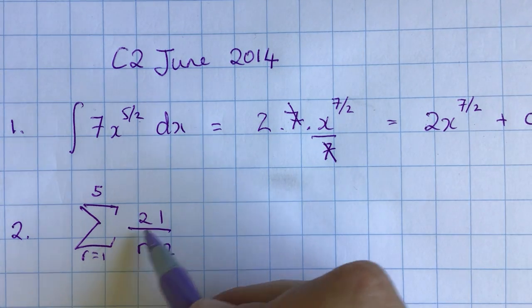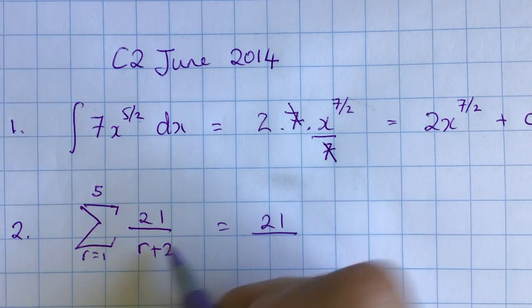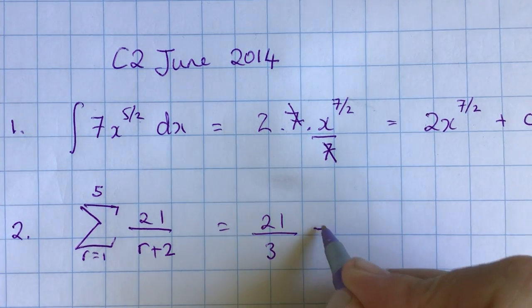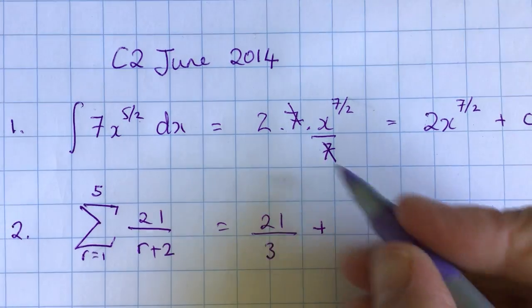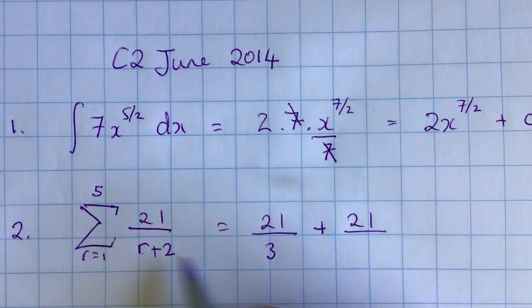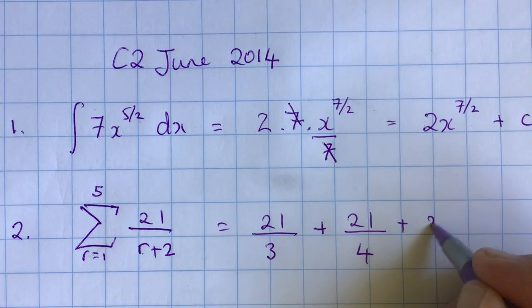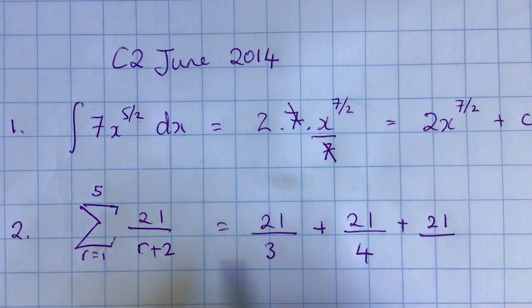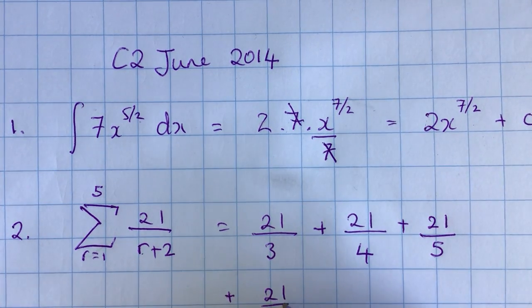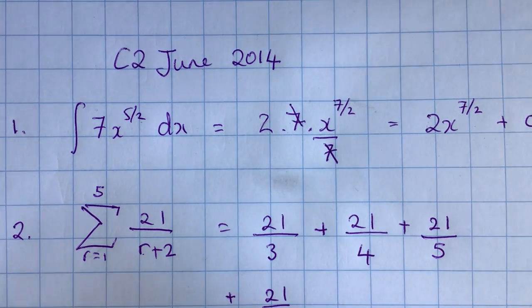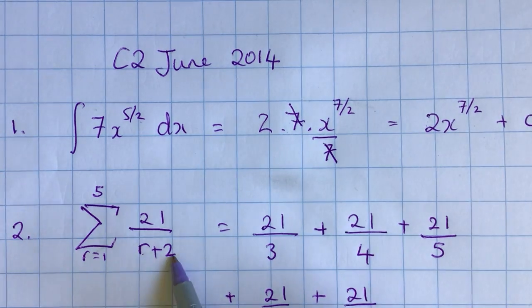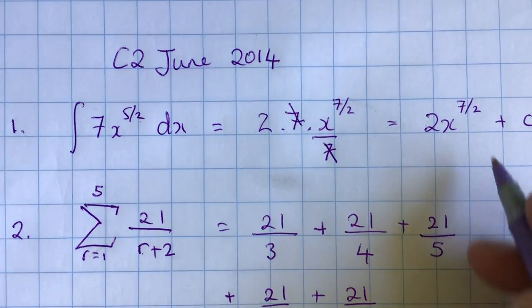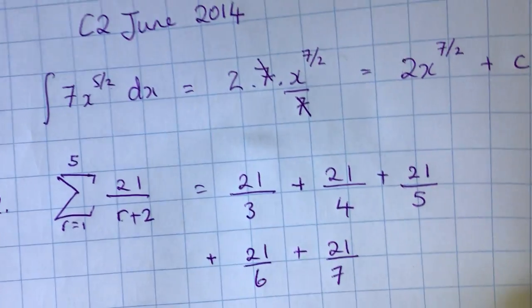So when we put 1 into there, we get 21 over 1 plus 2, which is 3, plus put 2 into there, 21 over 2 plus 2 is 4, put 3 in there, 21 over 3 plus 2 is 5, 21 over, putting 4 in, I've got 6 on the bottom, and then I put 5 plus 2 is 7. Use your calculator, add it up.